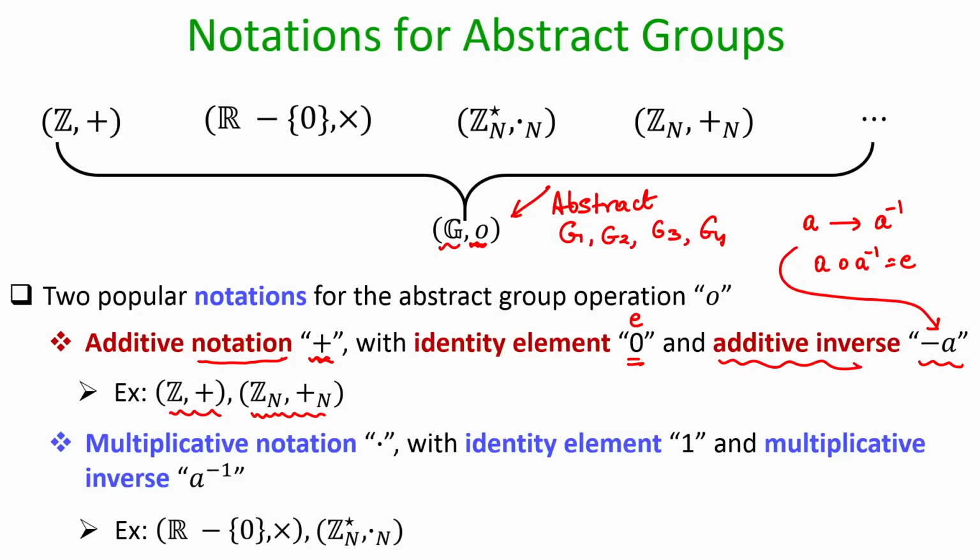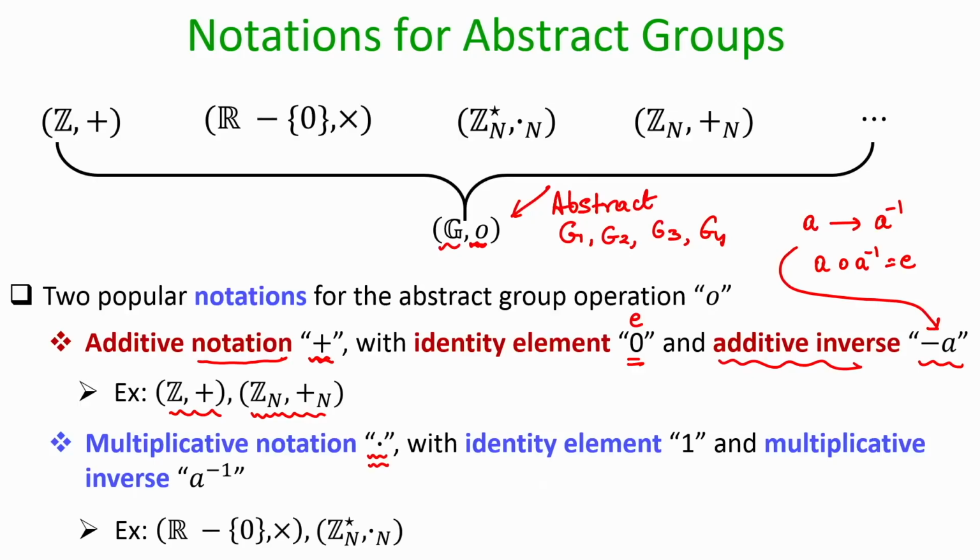Whereas, another popular notation which is used for the abstract group operation is the multiplicative notation, where the operation O is instead represented by the dot, but this dot does not mean numerical multiplication.